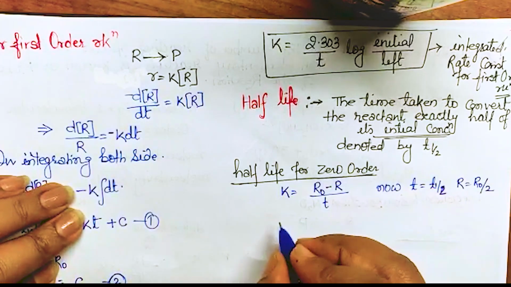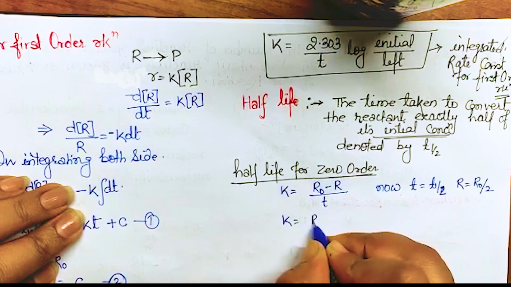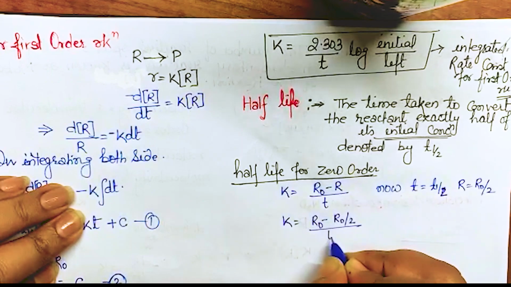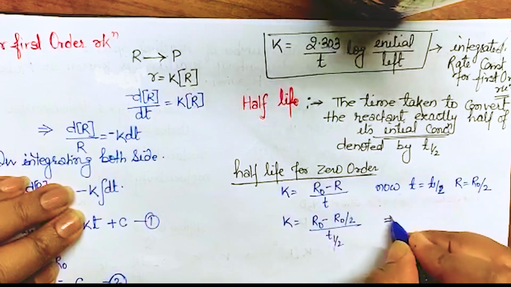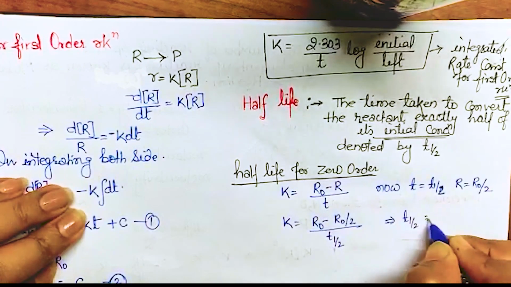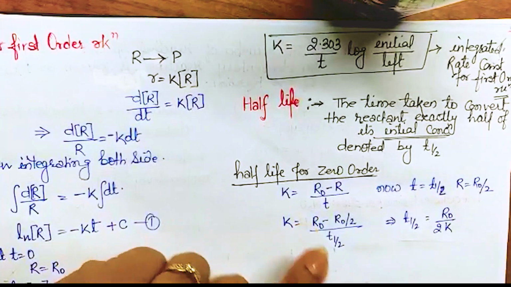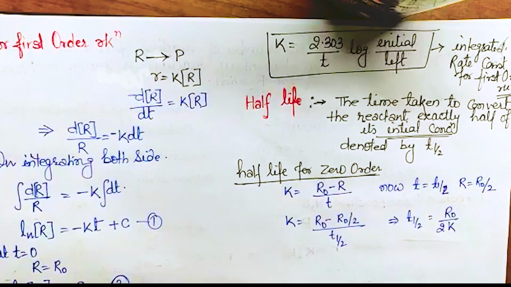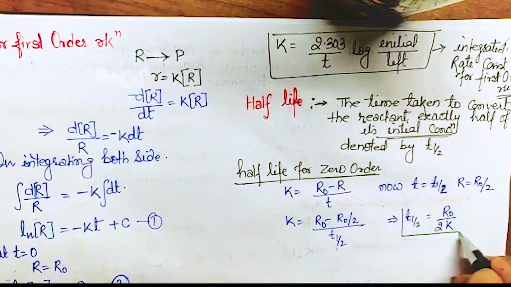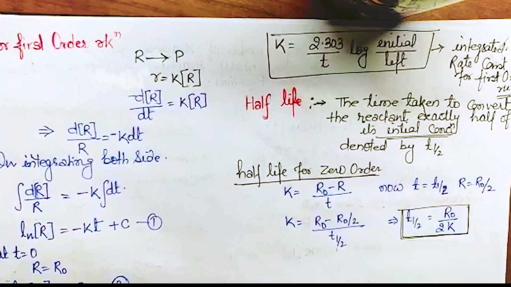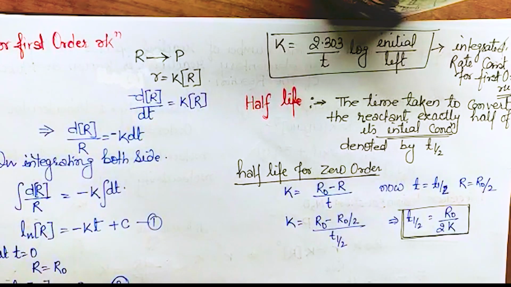Now put the value and we will find K is equal to R naught minus R naught upon 2 upon T half. So we can take T half here, and this will be R naught upon 2K, isn't it? Just solve it, you will get it. Just simple maths. Done. This is for zero order reaction.